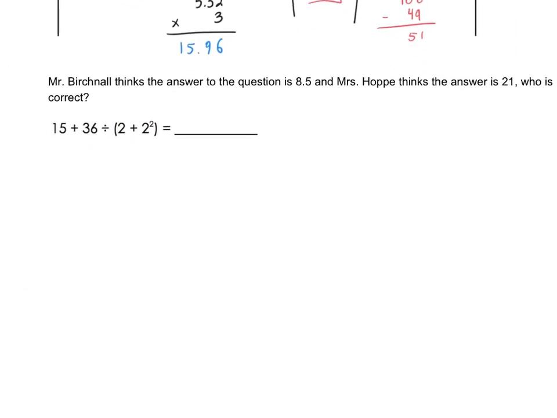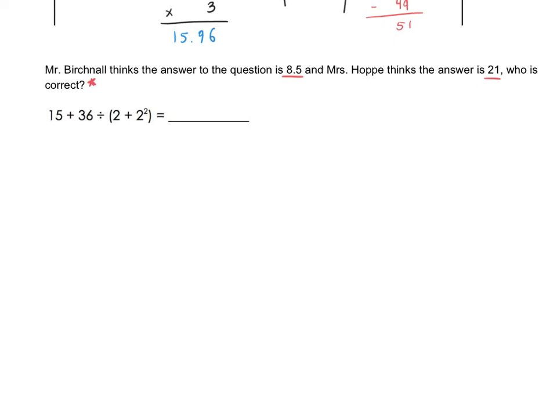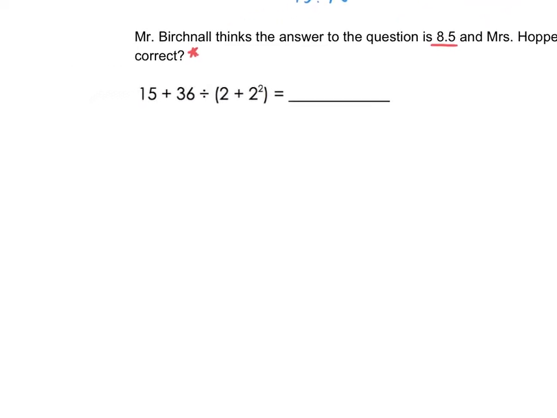Okay, let's look at our last question. Mr. Birchnell thinks the answer to the question is 8.5. Ms. Hoppy thinks the answer is 21. Who is correct? Put in what you think. Now let's check it. 2 to the 2nd is 4.